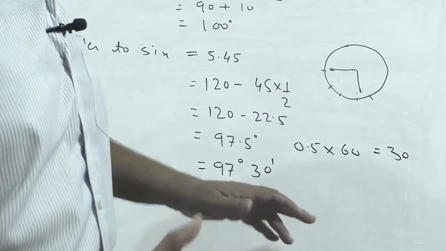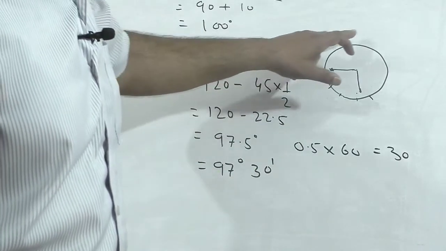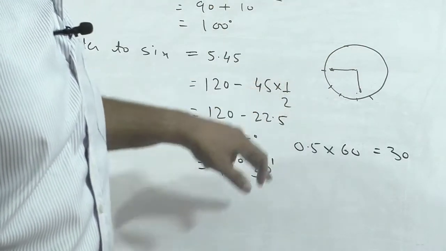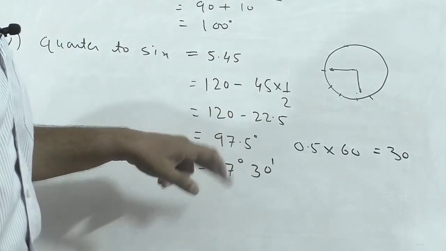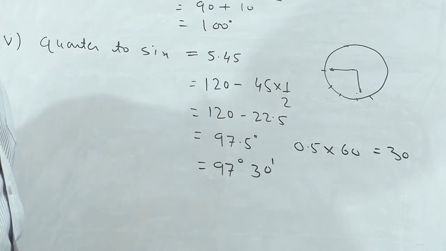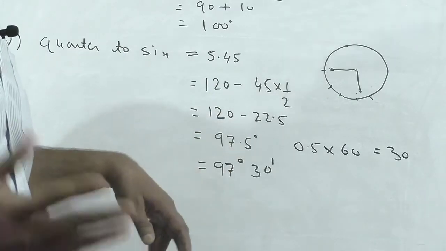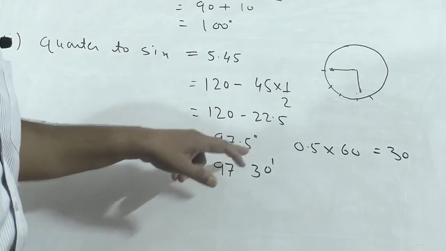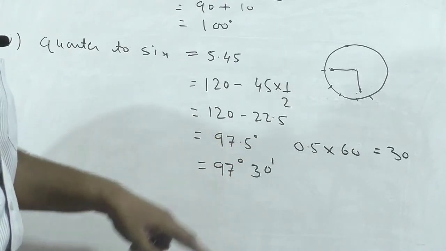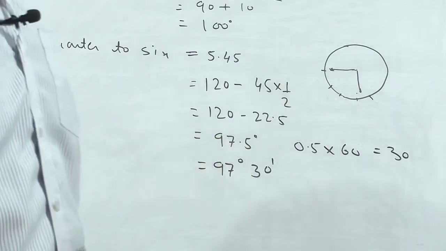Now for these 45 minutes, 45 into half, that is 22.5. 120 minus 22.5 is 97.5 degree. This 0.5 we can convert, 0.5 into 60 is 30. You can also write it as 97 degree 30 minute. Understanding?